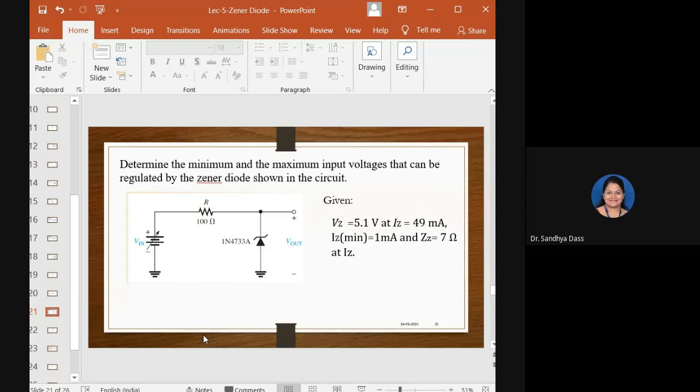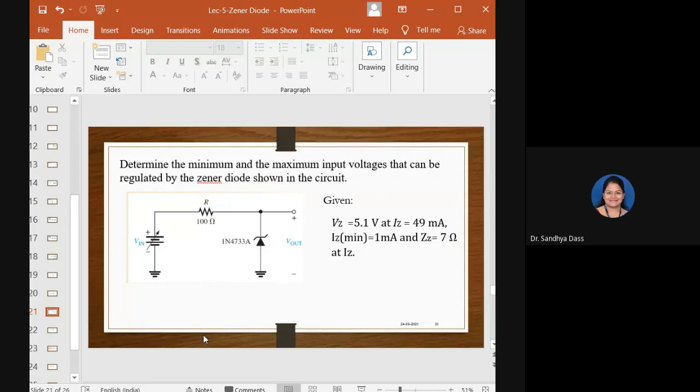Okay. Take this as homework. Please take the question there. Determine minimum and maximum input voltages that can be regulated by Zener diode shown in the circuit. So there is a series resistor connected of 100 ohms. And some points are given there.